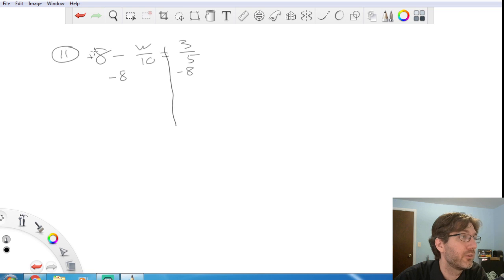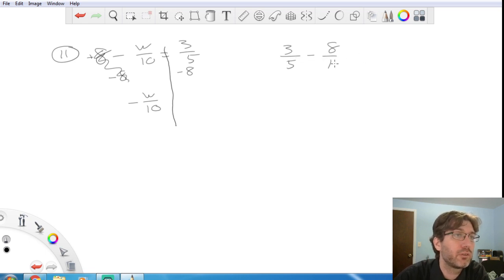In doing so, this is going to cancel, leave you with negative W over 10. Over here, you got to do 3/5 minus 1/8. The best you can, find common denominators.